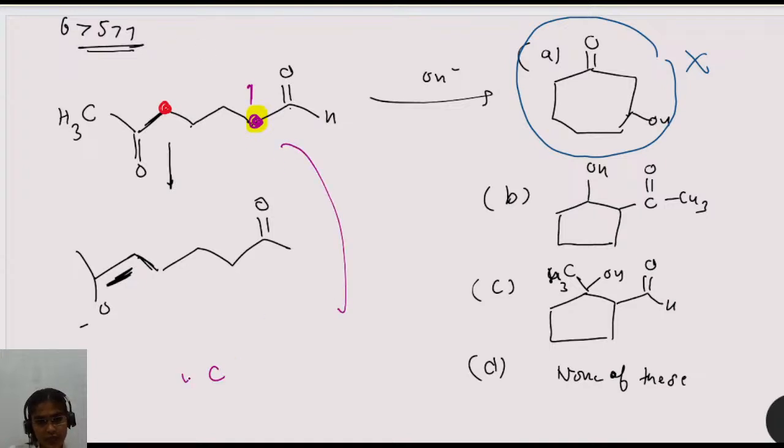So it's a CH3 and a carbon double bond O, with O negative here.